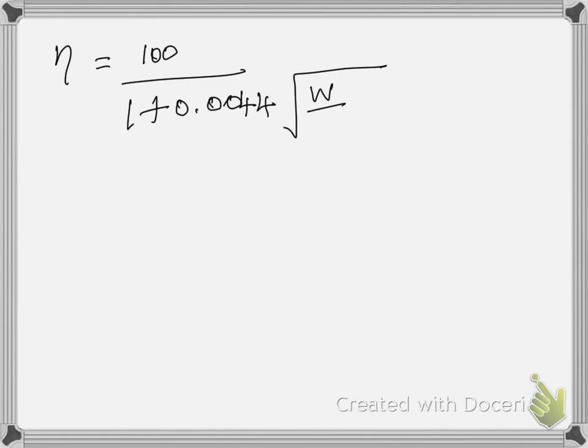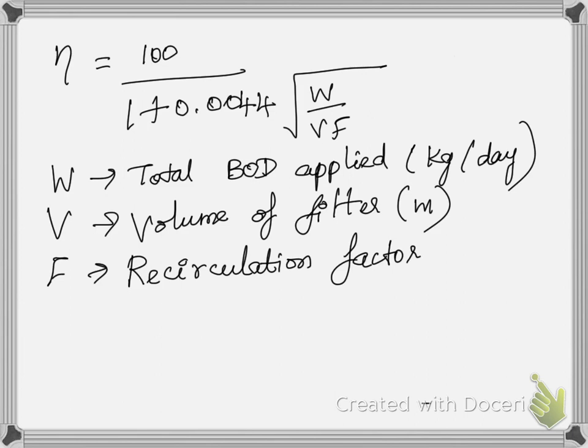For that you use a formula: efficiency is equal to 100 divided by 1 plus 0.0044 root of W by VF. This is the formula we are going to use. We have already determined the efficiency. Here W is the total BOD applied, V is the volume of filter, and F is the recirculation factor.